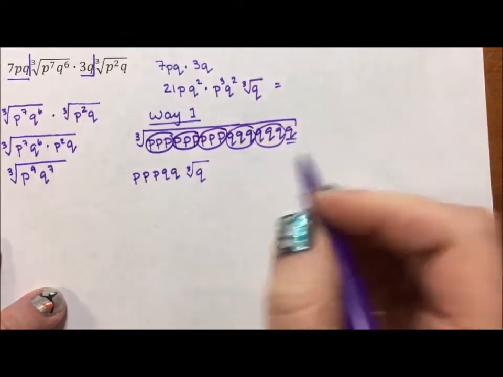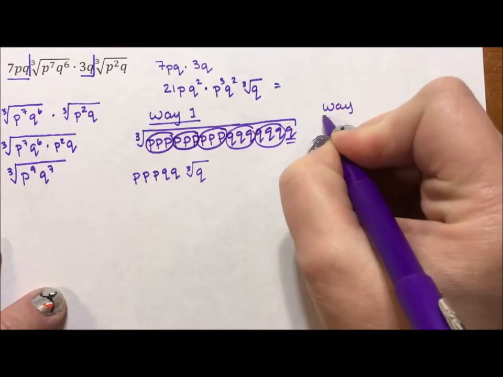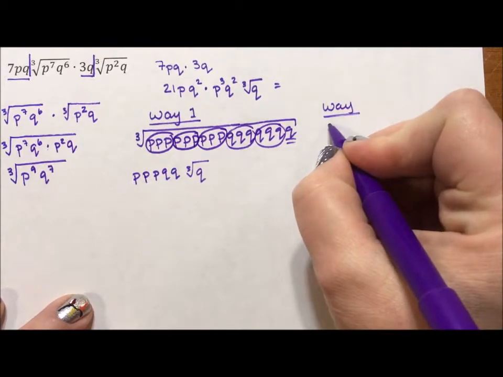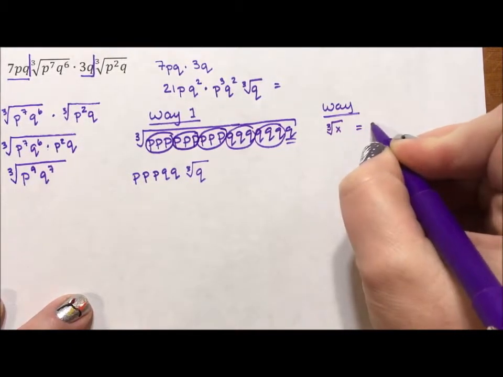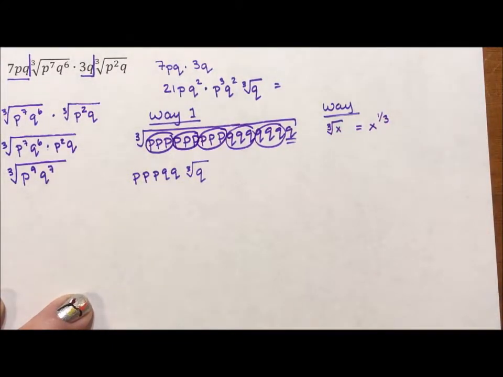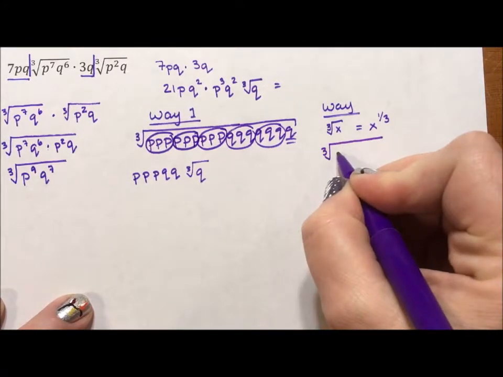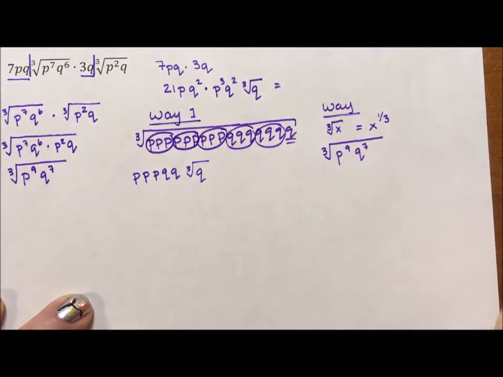Finishing this off will only take a second, but I quickly want to show the second way that we could have reduced this. We have to remember the rule that says the cube root of something is the same thing as that thing to the exponent 1/3. So if I have the cube root of p to the 9th, q to the 7th, well, 7 isn't divisible by 3.